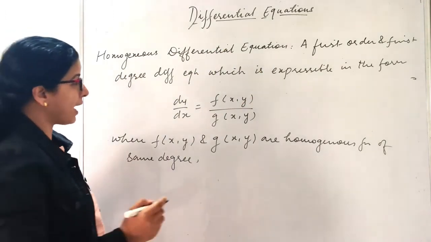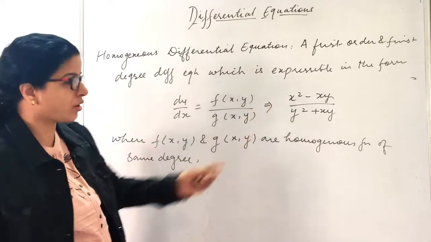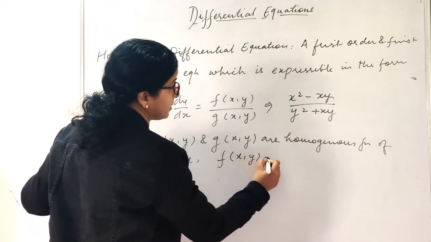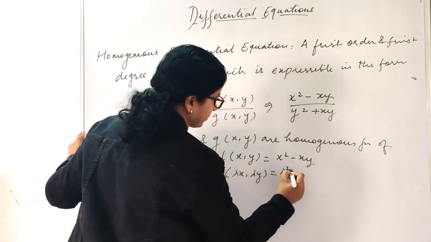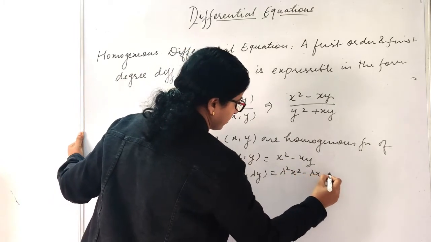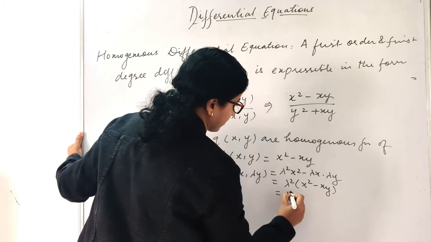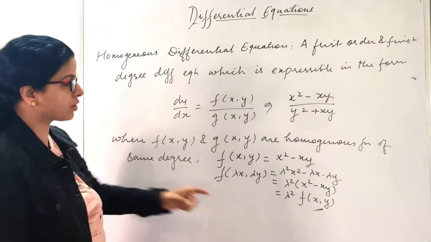Say for example, I have my function here as, we can check whether these are homogeneous or not. Let us check it out. So pay attention here. So f(x, y) is x square minus xy, which is nothing but, so it becomes a homogeneous function, right?